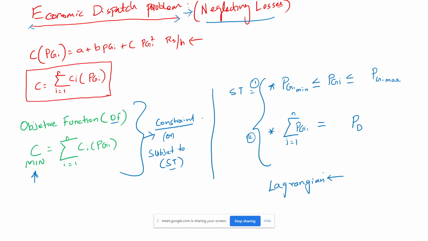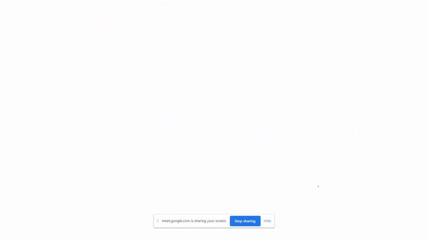Actually he did not give the solution for this exact problem, but still we can use this method to solve problems like the economic dispatch problem. So to include this method, we need to understand what Lagrangian is. For that I will introduce a small problem statement to briefly understand the Lagrangian method.